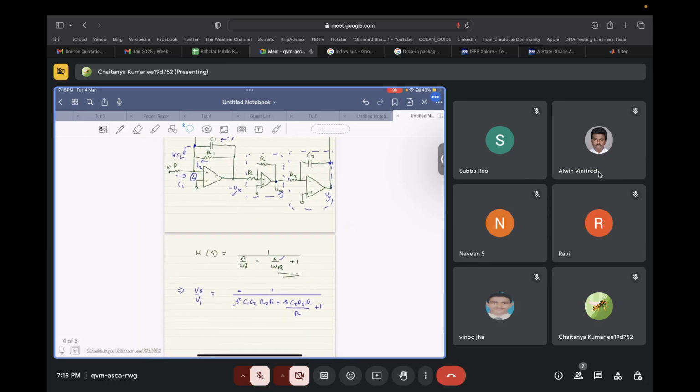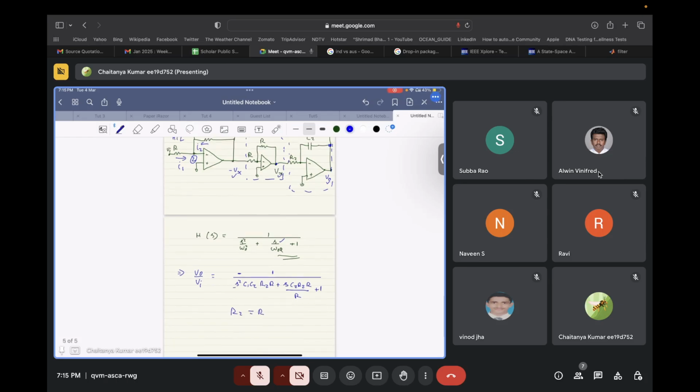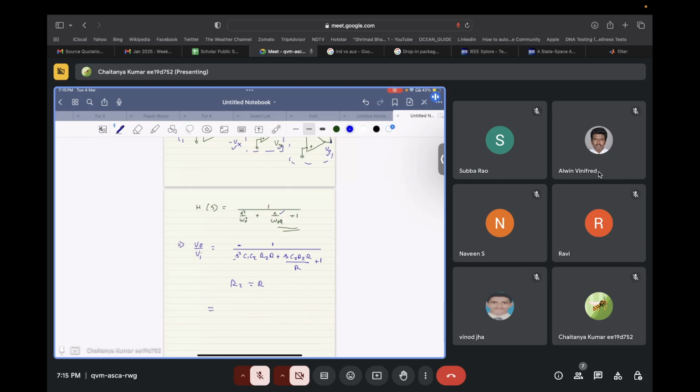Now let's say I have R2 equal to R. Then what happens? We get minus 1 by S square C1 C2 R2, with R2 equal to R, and let's also say we have C1 equal to C2.